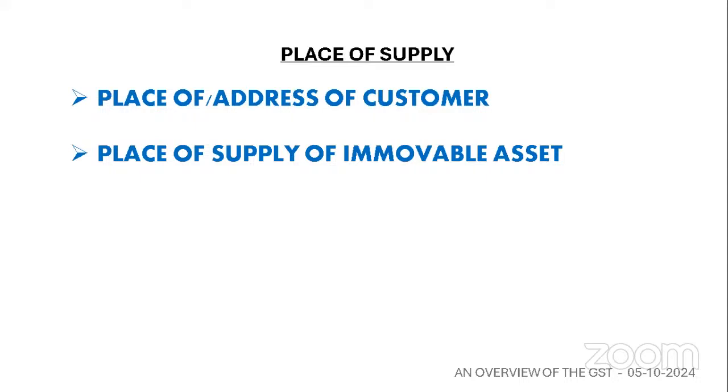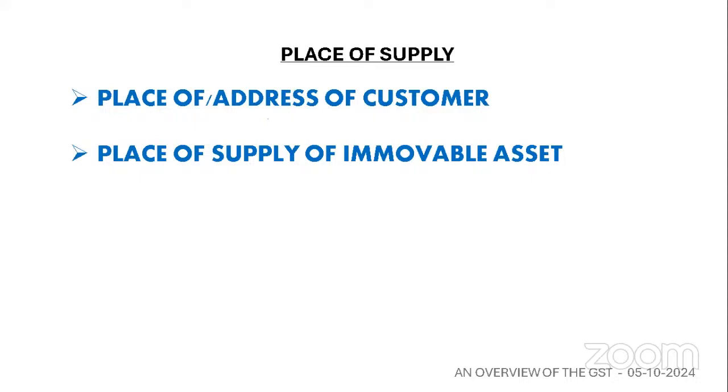Now, in this transaction, only two parties are involved. One is the seller, the other one is the buyer. The seller is in one state, the buyer is in another state. Invariably, this transaction is an interstate supply. Why? Because the place of supply in this case is Chennai, because the address of my customer is in Chennai.